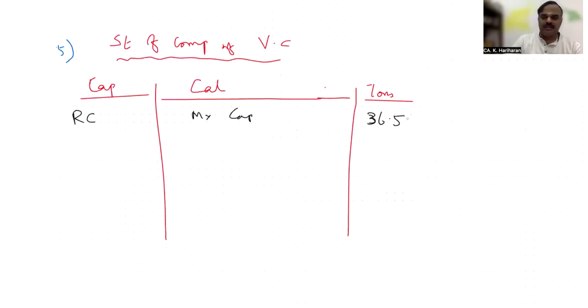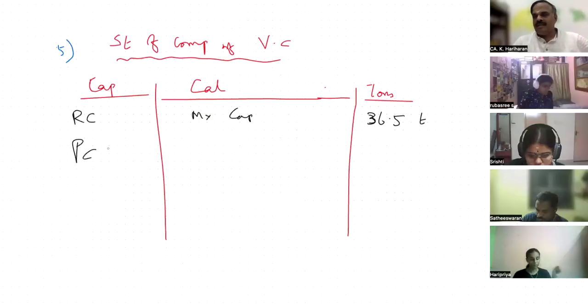Next one. Practical capacity. Practically, even though they can produce the maximum, at the time of buying the machine they'll tell, this is the maximum production. Out of which, practically, how many days can we work or how many units can we produce?